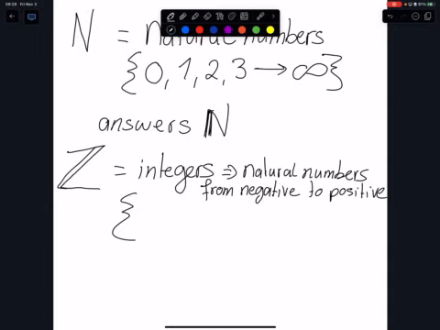So, ranging from negative infinity, minus 10, minus 3, 0, 1, 3, to infinity.